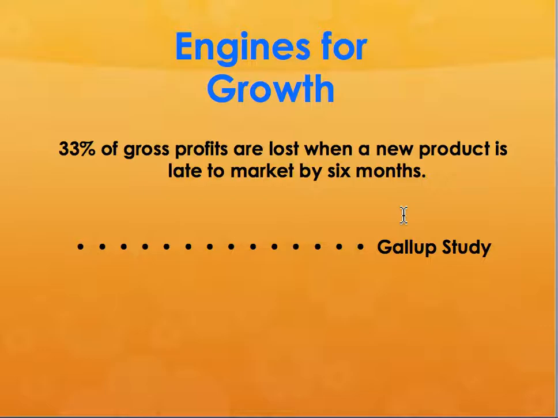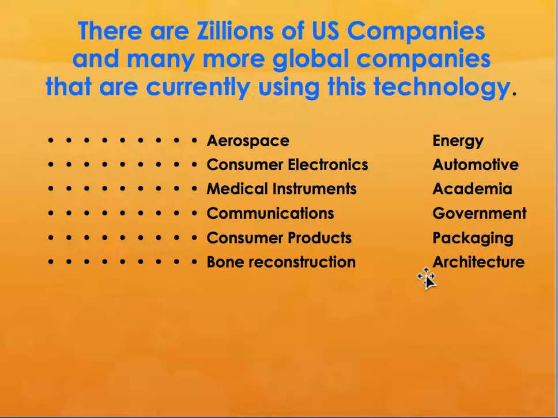If you can bring a product to the market fast, even as much as 6 months, your gross profits go up by 33%. This is an estimate by Gallup, but I think that gross profits are even higher according to me. There are zillions of US companies and many more global companies that are currently using this technology in every field possible.